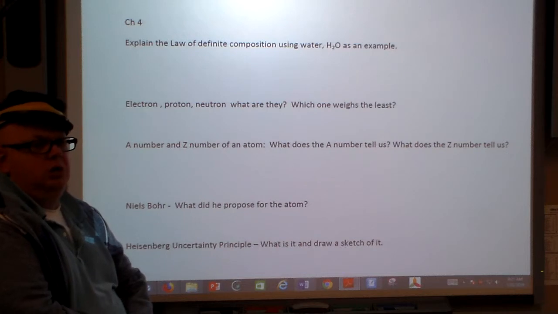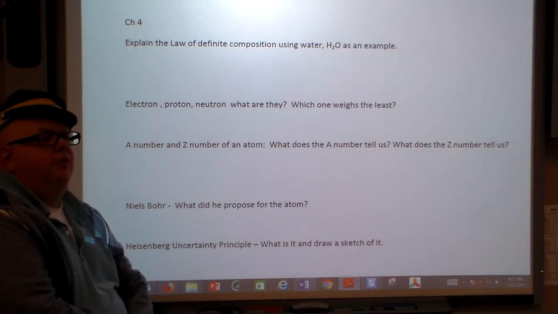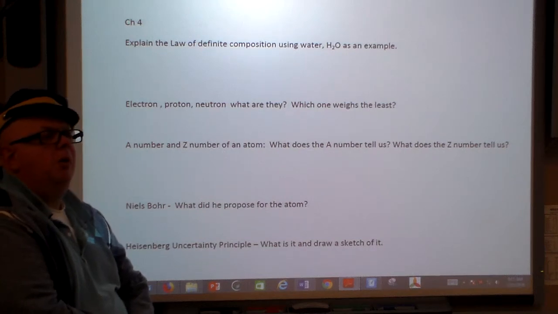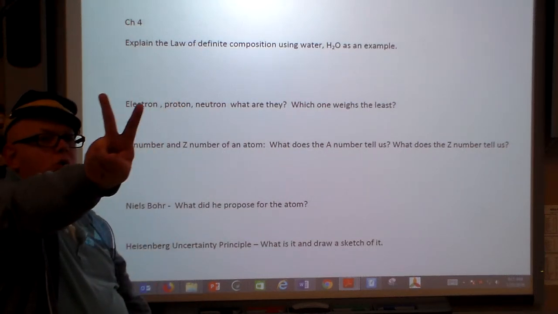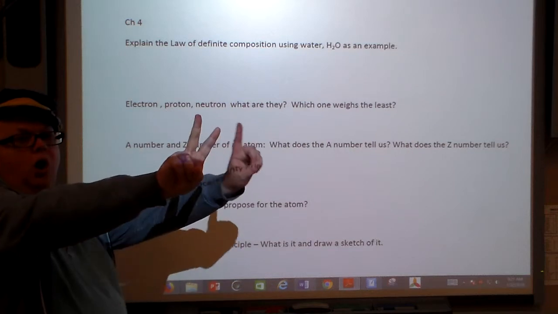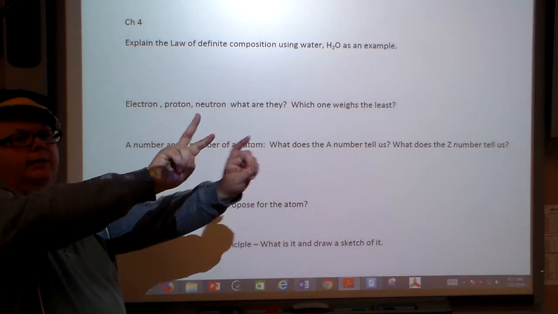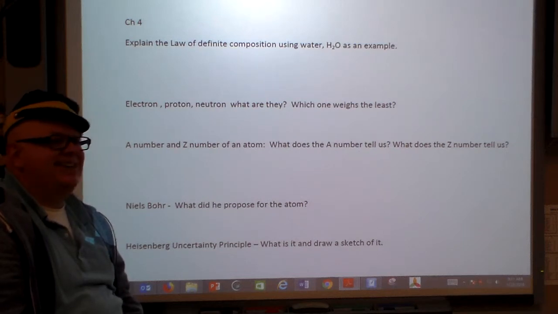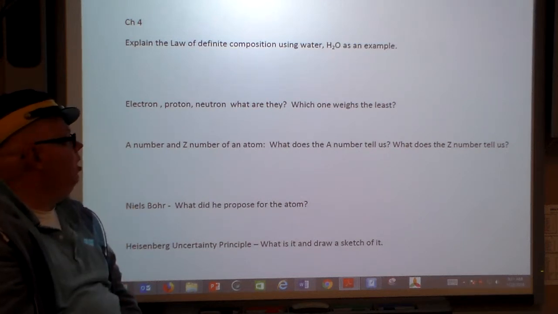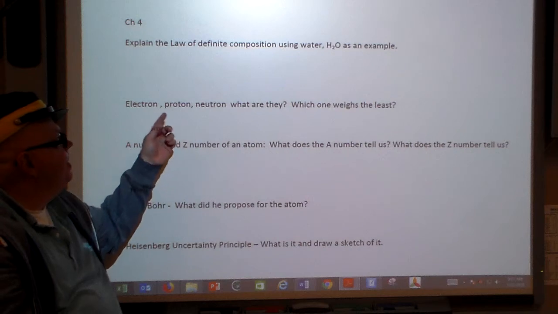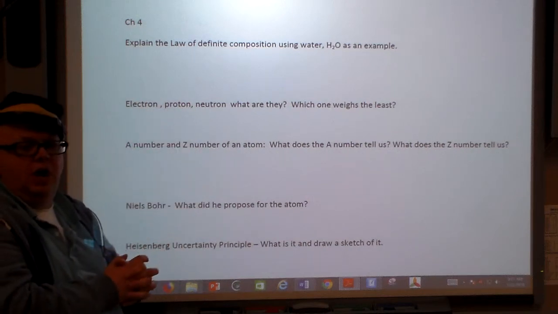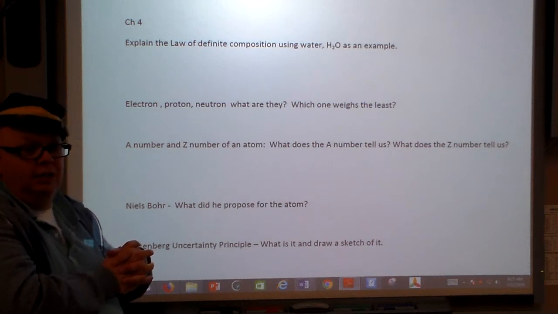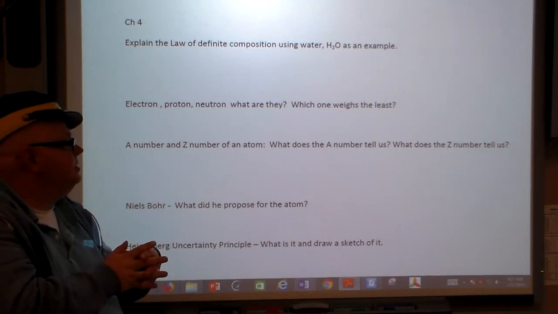Definite composition means that in every water molecule, it's 2 hydrogens to 1 oxygen. That's a definite composition. That doesn't change wherever you are in the world. So that's what we mean by the law of definite composition. This also applies to mass as well, not just numbers, but the mass.